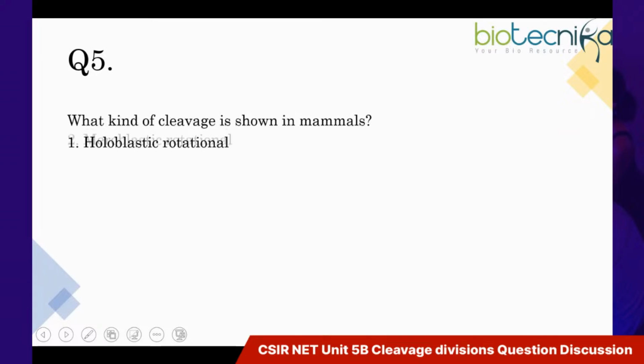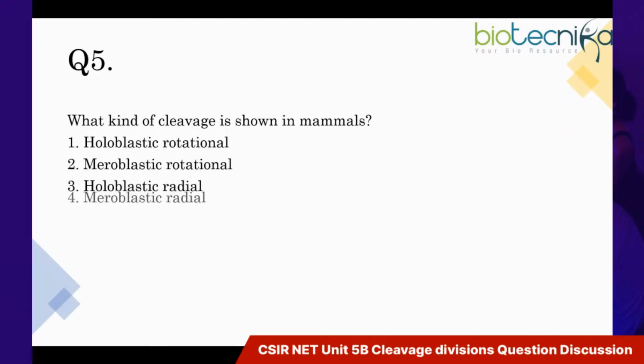What kind of cleavage is shown in mammals? Okay, let's see.